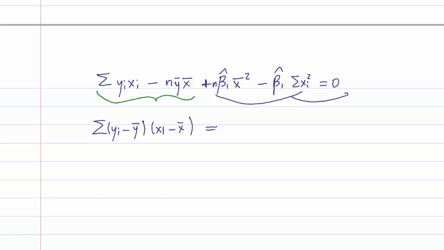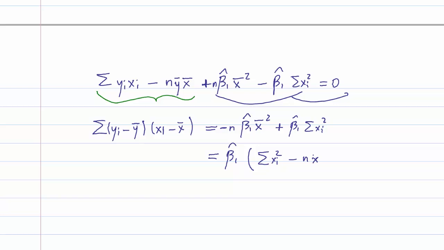And we are going to have n times beta 1 hat x bar square minus beta 1 hat sum of xi square, and I can factorize by beta 1. So beta 1 hat times, I'm going to write the sum of xi square first, and then here we have n times x bar square. When I switch it to the other side I forgot to change the sign, so this should be a plus and this should be a minus.